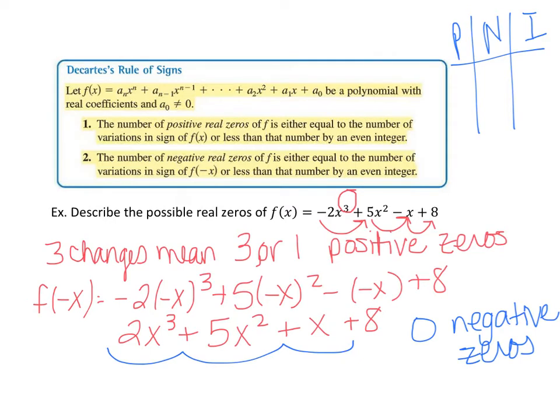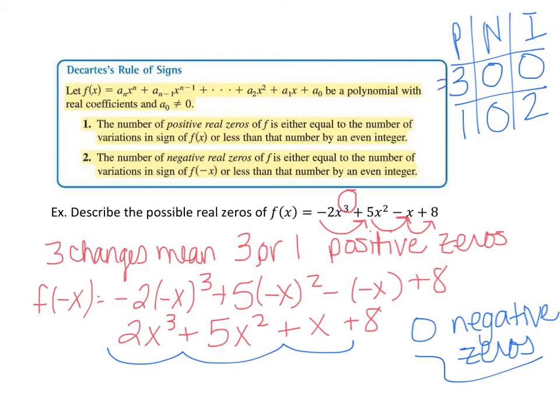Since I could have 3 or 1 positive zeros, I'm going to put 3. If I have 3 positive zeros, I can't have any negative or any imaginary. If I have 1 positive, I don't have any negative roots right here, so 2 of them must be imaginary.